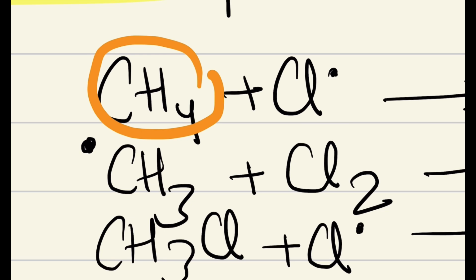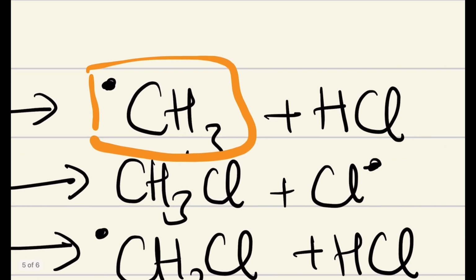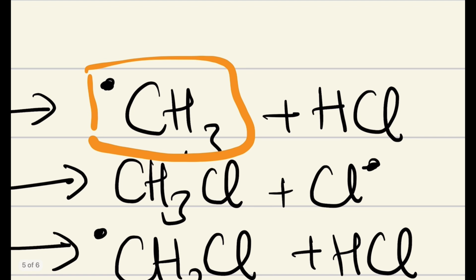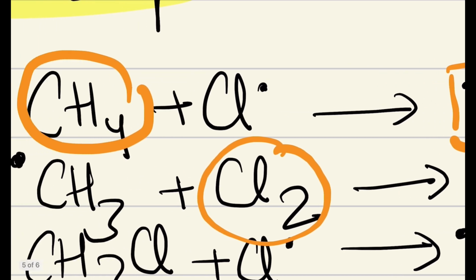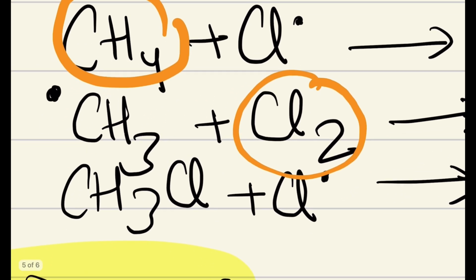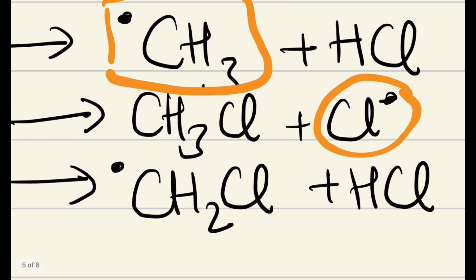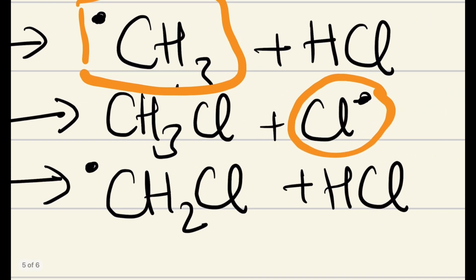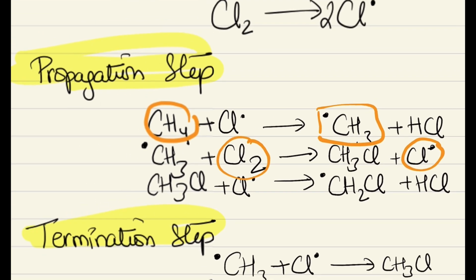When it attacks this chlorine, you end up with a CH3Cl, so now he's happy, but then he's produced another radical. And that guy is going to go back and attack another halogen alkane. So essentially, the reaction just keeps going on and on. But it doesn't keep happening forever. It has to come to an end.